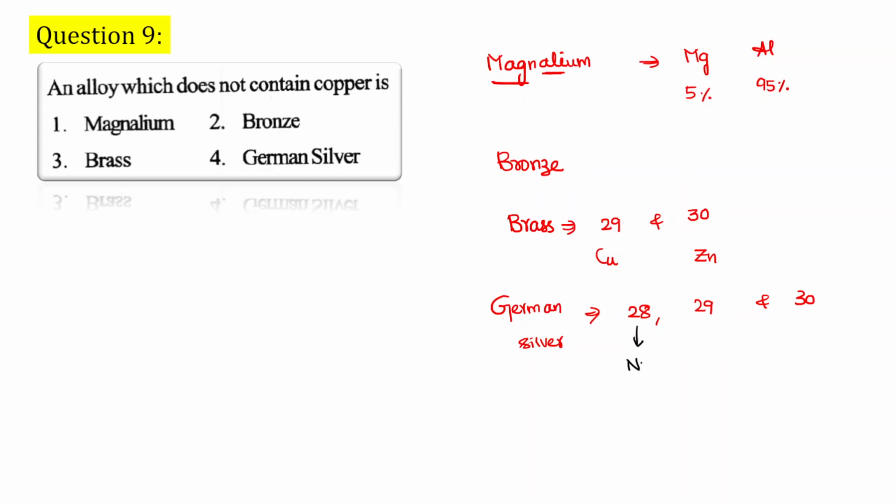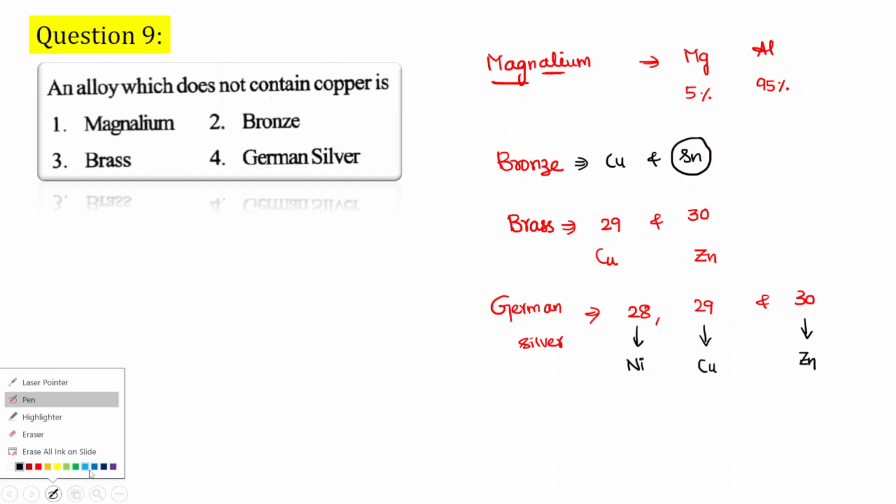That's going to be nickel, copper and zinc. So this is what is called German silver. Now bronze is going to have tin apart from copper, Cu and Sn. So it's quite easy for you to remember. Remember this always, it is going to help you a lot.